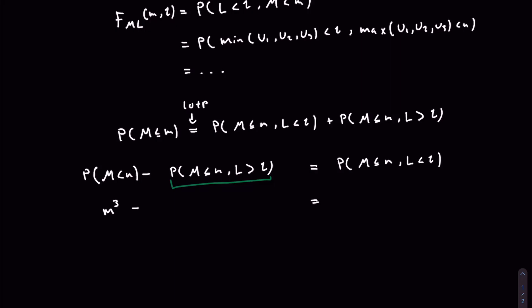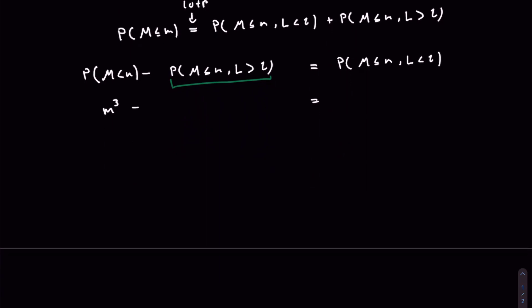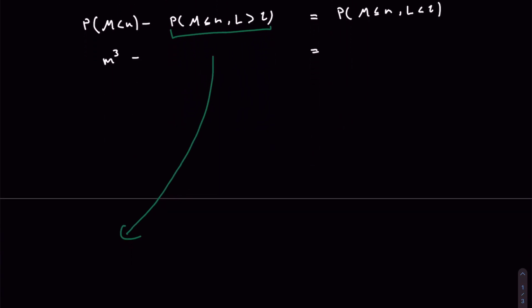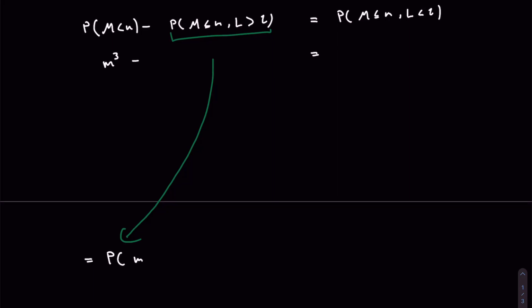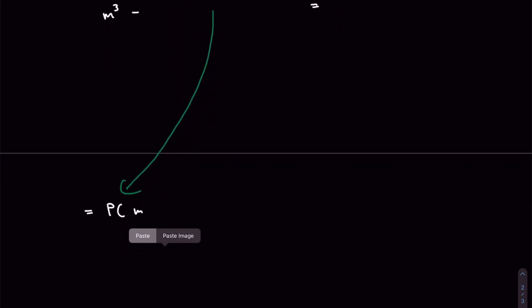Well, I'm going to continue this just right here, and this part is then the probability of the max. Well, let me just copy this whole thing, and I'm going to write it like so.